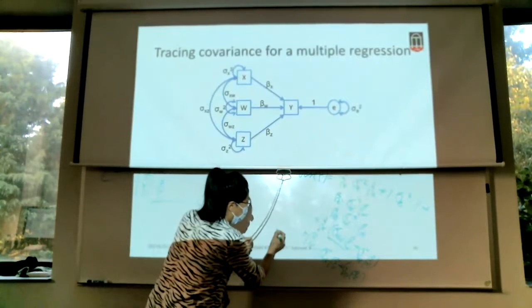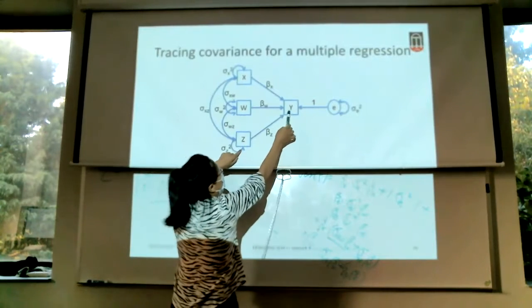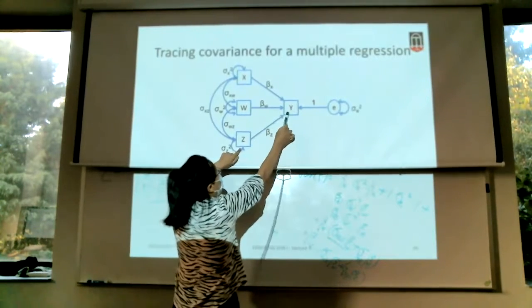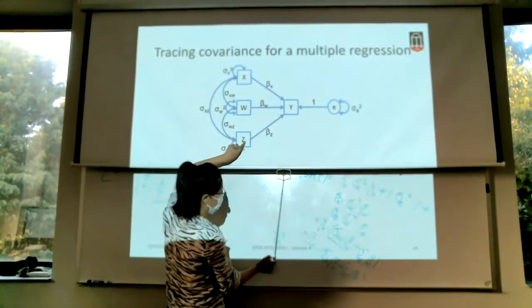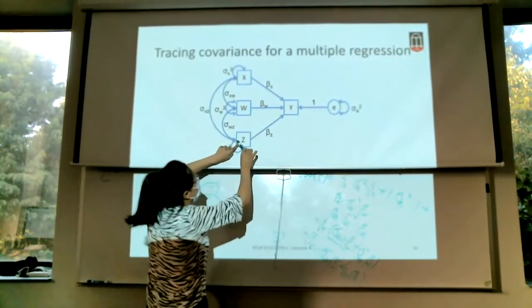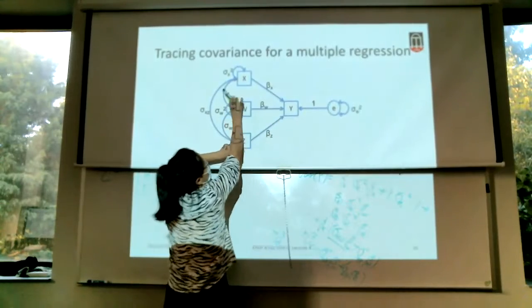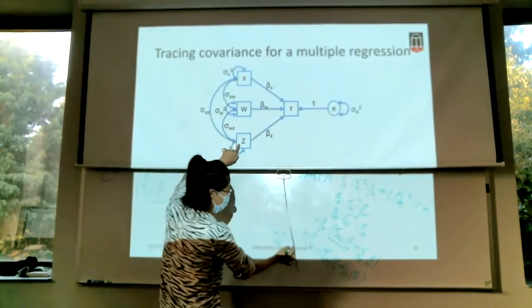And also you have another possible path, starting from Y to Z, then beta Z here. Stop here, and then you have another way to go back.